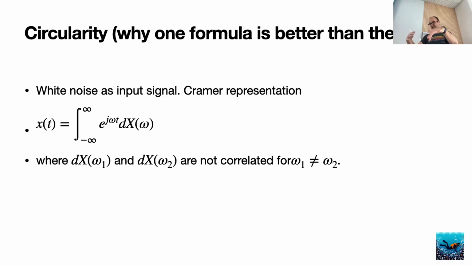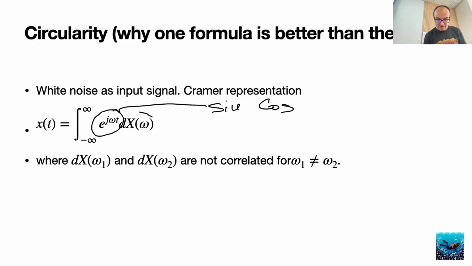Whenever you go into this analysis, there is a really peculiar way of describing how a stochastic signal looks. This is called a Cramér representation. It's really simple. As I told you previously, this thing here is a sine and cosine wave, right? And this thing here is a random amplitude.